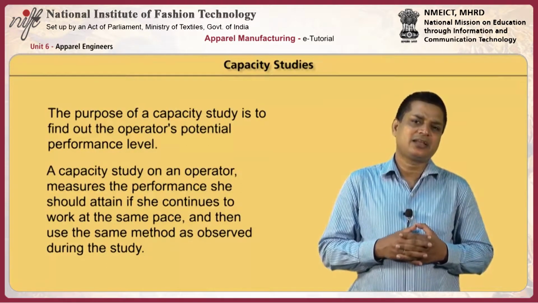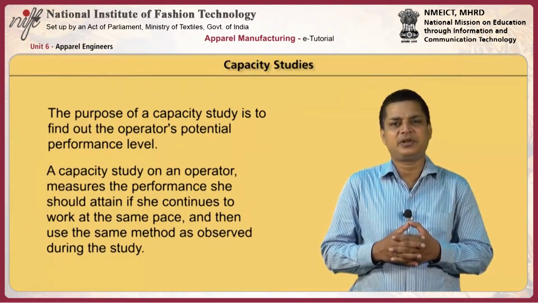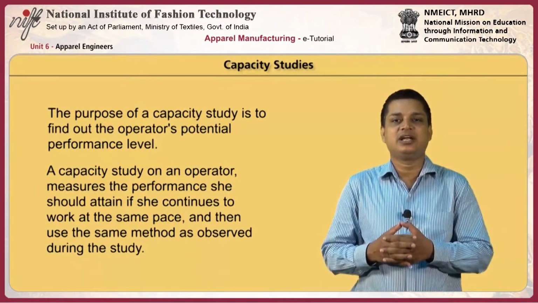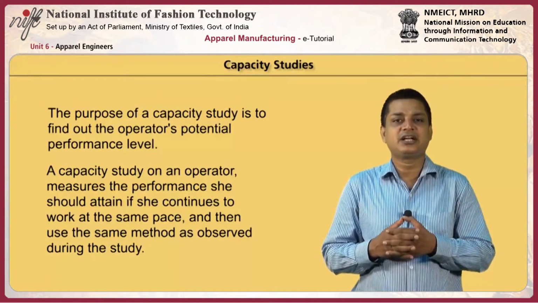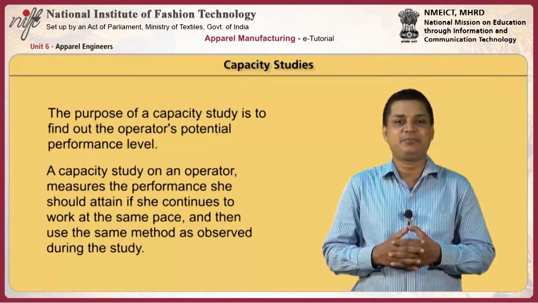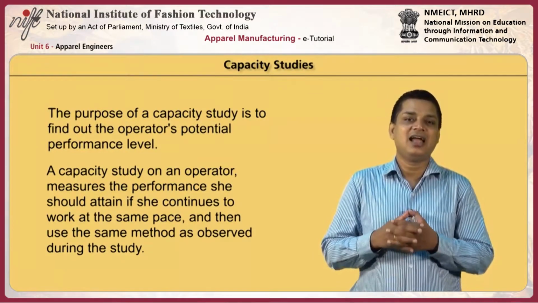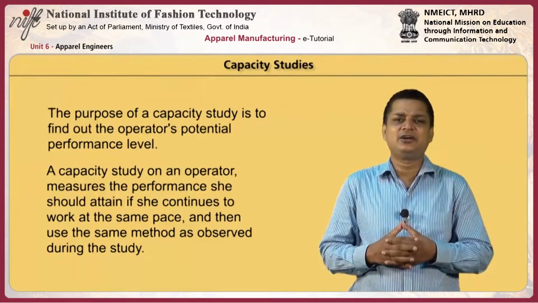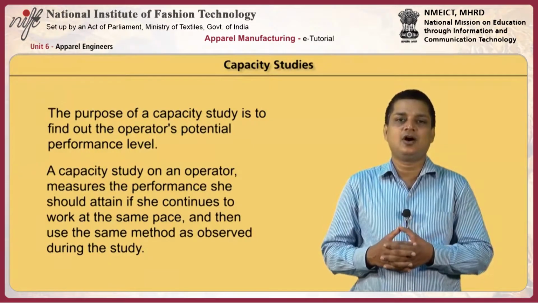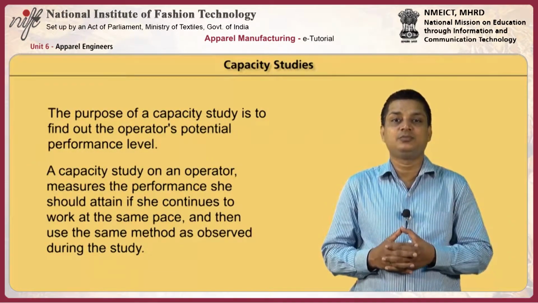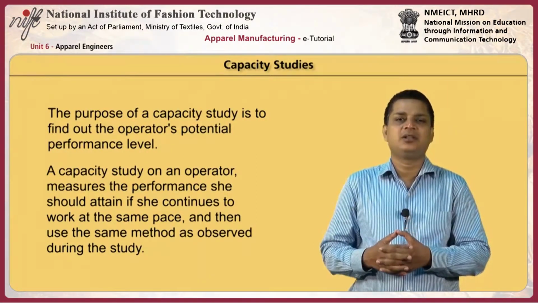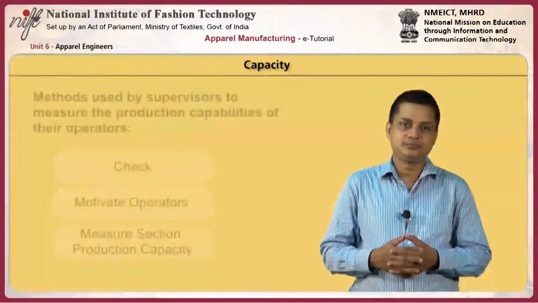When we make a capacity study on an operator, we are measuring the performance he or she should attain if he or she continues to work at the same pace and use the same method as observed during the study. This means that at the end of the study, we can say that the operator has the capacity to be a 120% performer, or whatever performance level the study indicates.